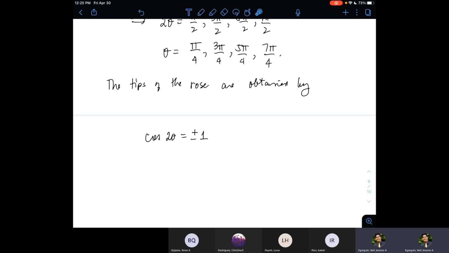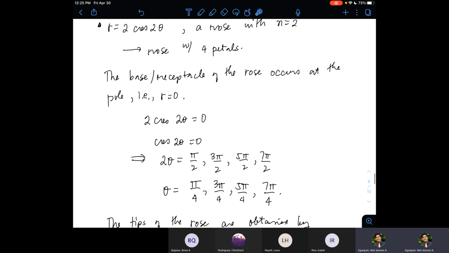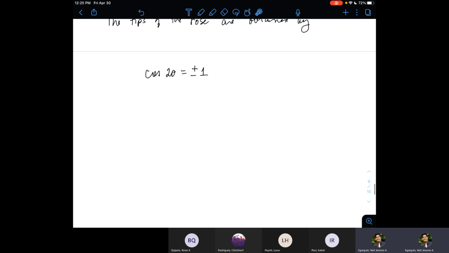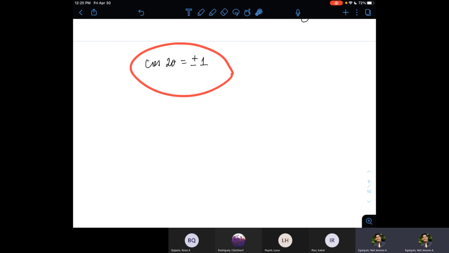So we want to know the maximum and the minimum value of the trig function. We have r equals 2 cosine 2 theta. The trig part, cosine 2 theta, will be maximized when cosine 2 theta is equal to 1, and it will be minimized when cosine 2 theta is equal to negative 1.